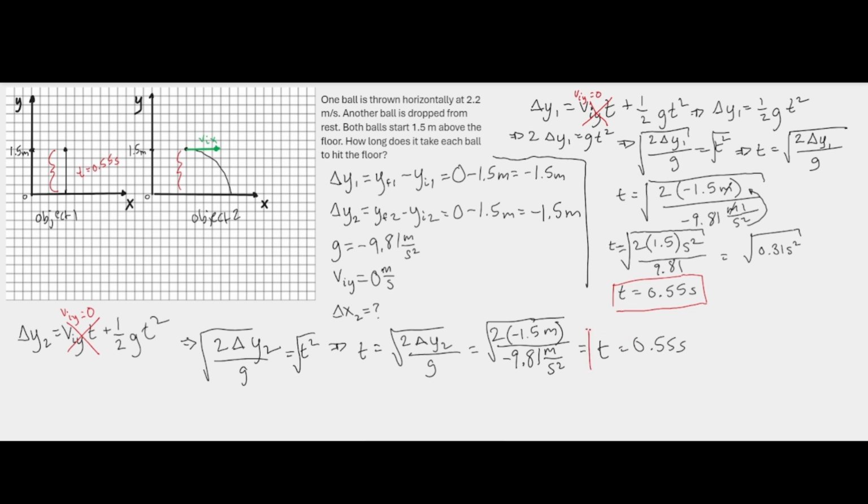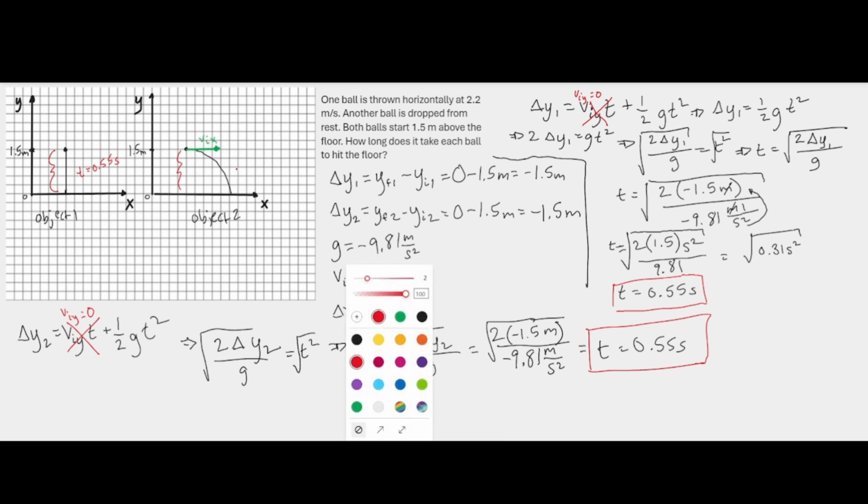And at this point, you might think, well, wait a minute, what about the horizontal motion? Well, recall from the previous video that this VIX, this horizontal velocity, stays the same throughout every point in this ball's trajectory because gravity is only working in the up and down direction.